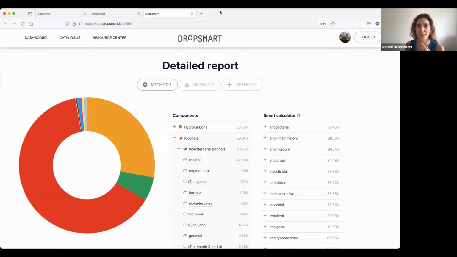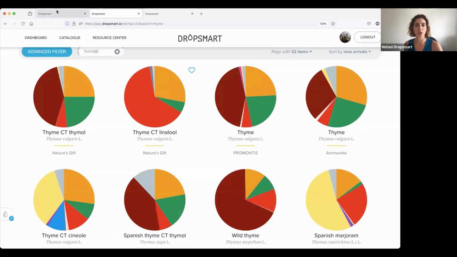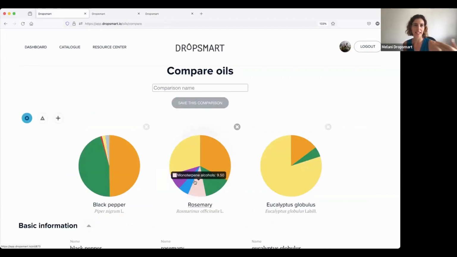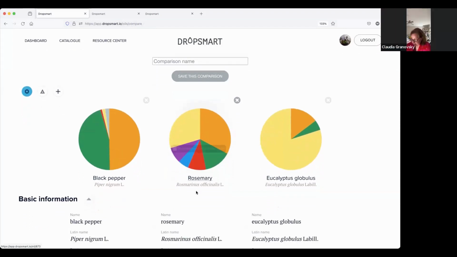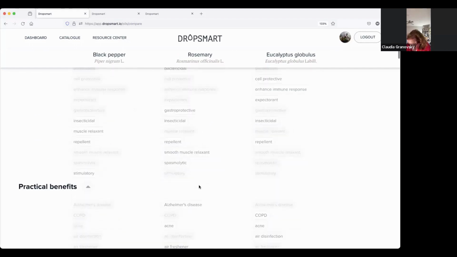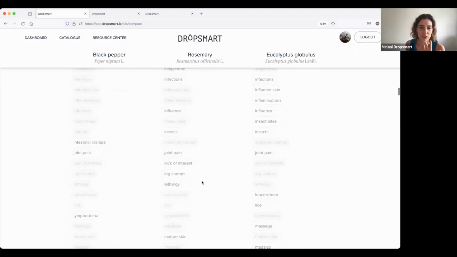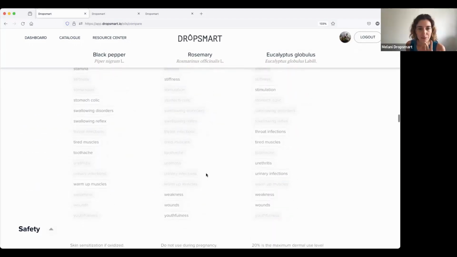Terpinen-4-ol is a great thing to add for infections. So that would make sense to blend with your rosemary. Do you get it? The idea of smart blending? It would make sense. Even if we look at this, let me scroll all the way back down to my favorite chemistry.